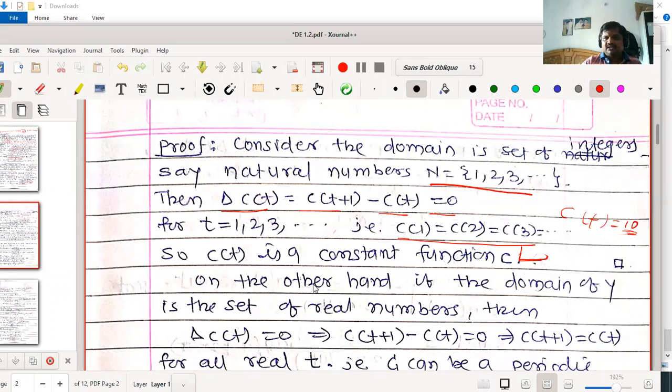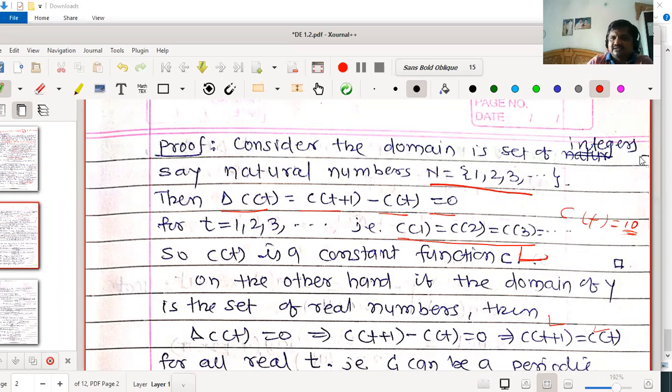On the other hand, if the domain of y is the set of real numbers, suppose that concept real number, then delta ct equal to 0 implies C of t plus 1 minus C of t equal to 0. That is C of t plus 1 equal to ct for all real t. That is C is a periodic function. ये किसका है? This is a periodic function. We know that sine function is periodic, cos function is periodic, and so on.